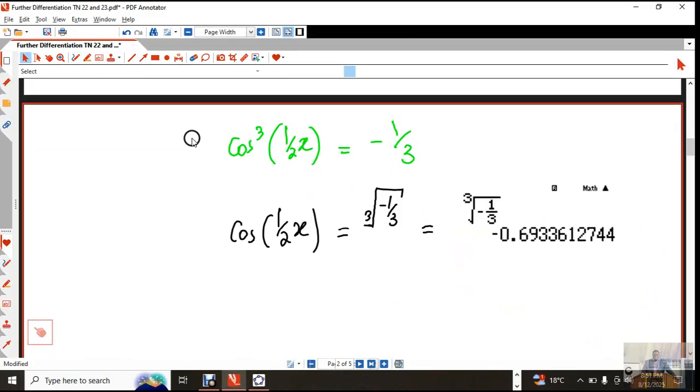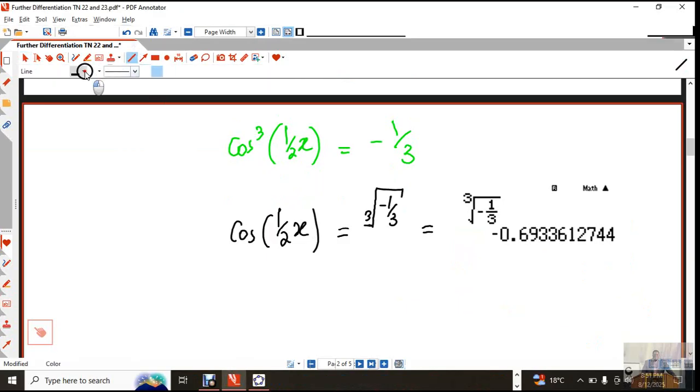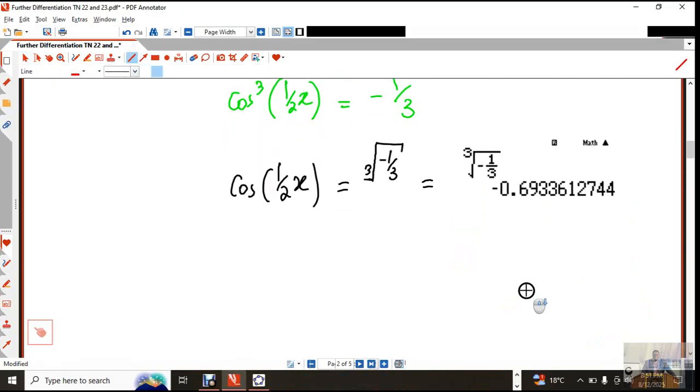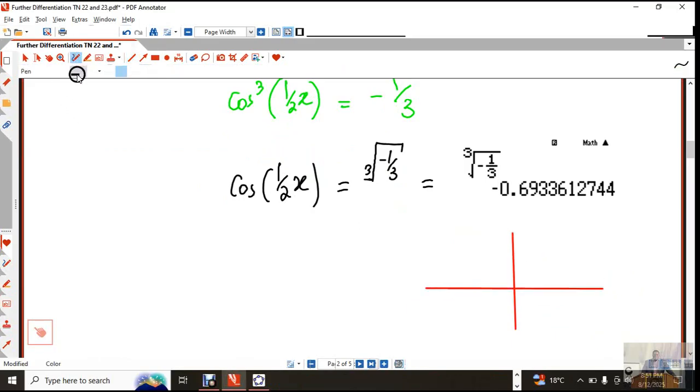Good. Now, what this means for me, if I was to look at what we call the CAST diagram, you know that this would be either 0 or 2 pi. This over here will be pi over 2. This over here will be pi.